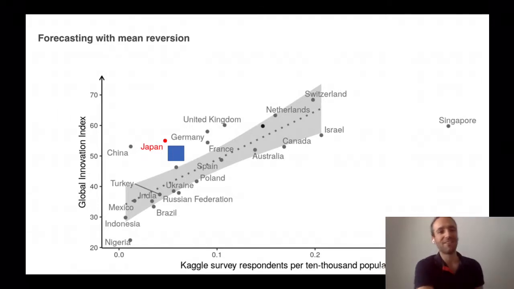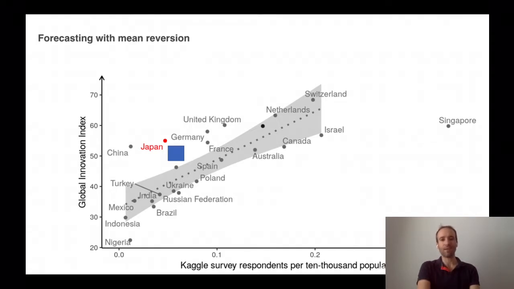So there's this physical law called mean reversion. It applies in many, many places. And you could invoke the principle of mean reversion and say that everything reverts to the mean. Stock market, apples that grow from trees, everything reverts to the mean.